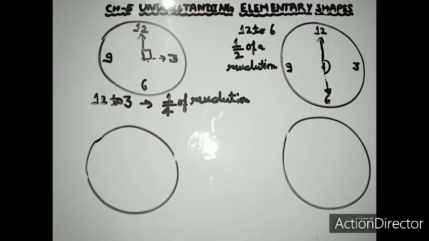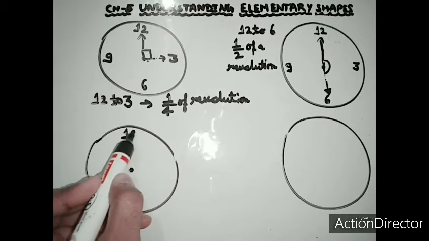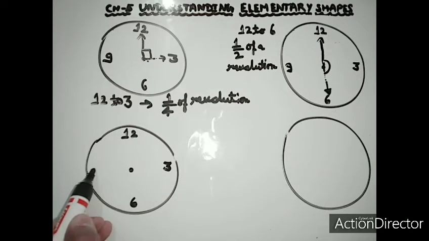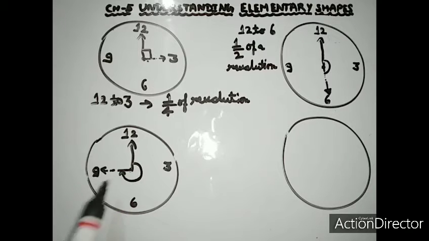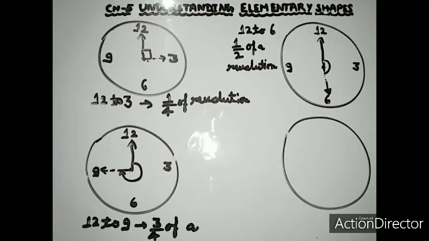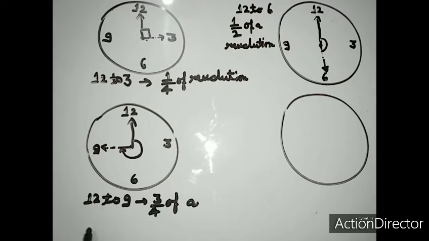Now here we take the next case. When the minute hand moves from 12 to 9, it moves 3 upon 4 of a revolution, right?